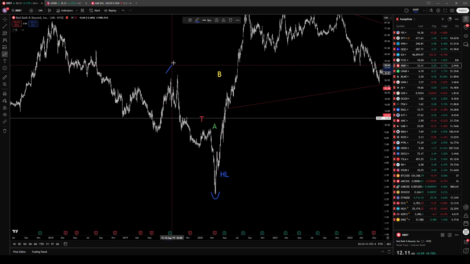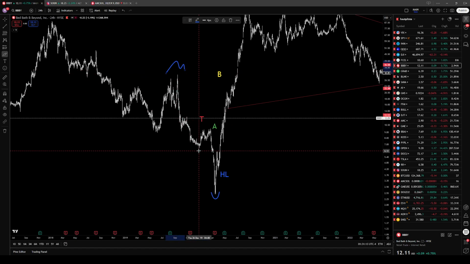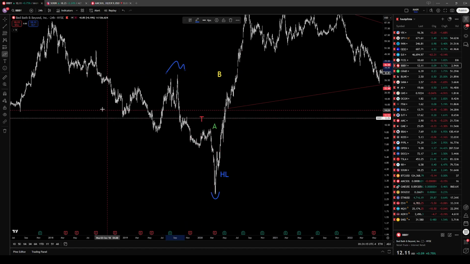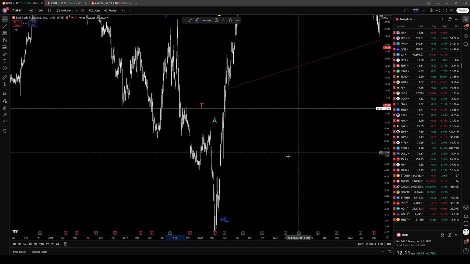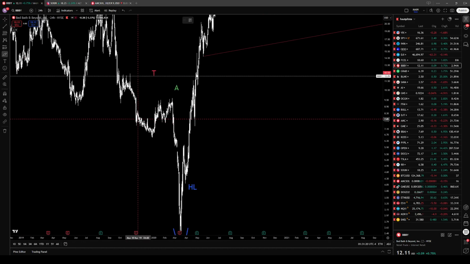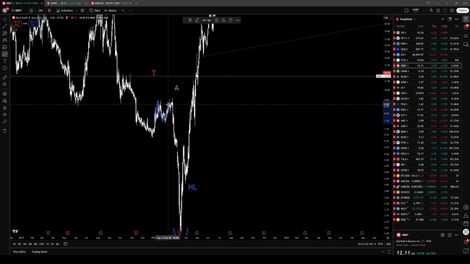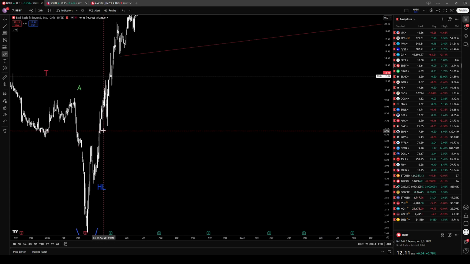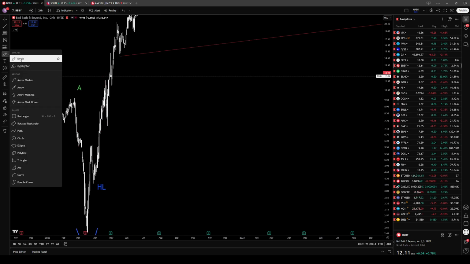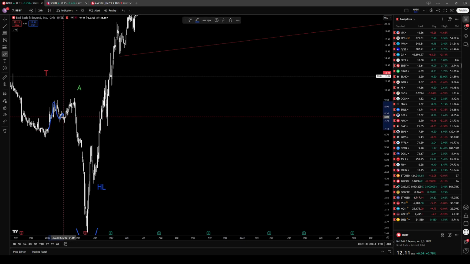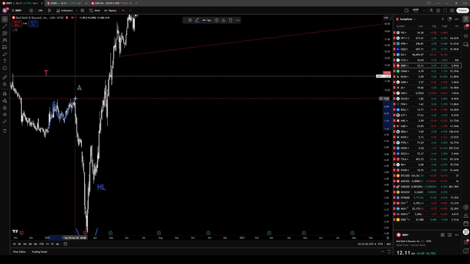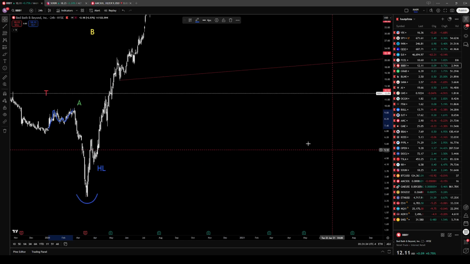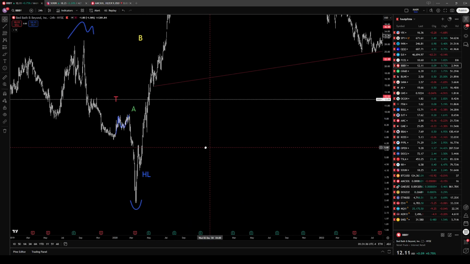This is your M, you fall, you come up again, and here is perfectly your double. If I'm drawing it right, here is your W with a higher right side, and after that comes the new low.